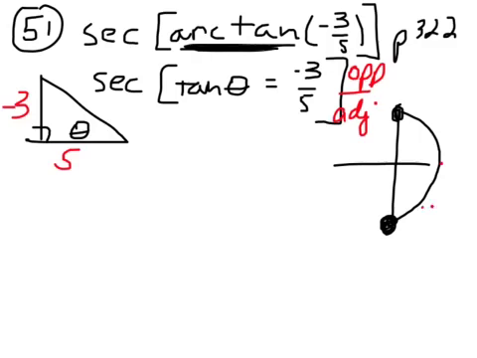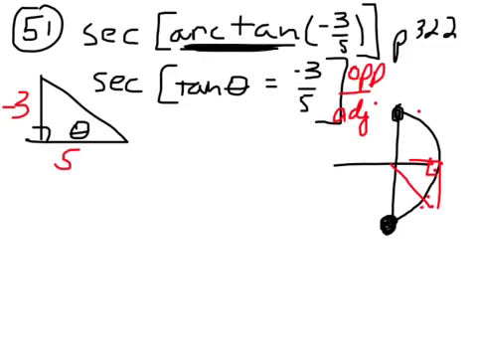Now, really, if I wanted to look at this, it would be like 5, negative 3. Really, that triangle, if I drew it on the unit circle, would be down here. And I know that tangent only has this domain over here. They're only asking me, if I'm strictly looking at the values that would actually fall in the real arctangent, which, again, I peeked and looked at page 322 to remember that, I'm only going to be looking in these two quadrants here.